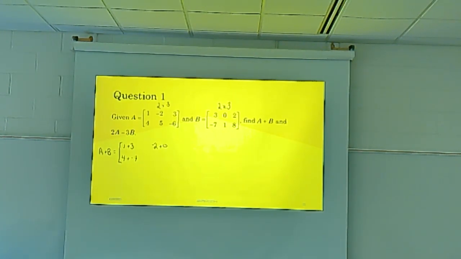Your 2, 2 entry: 5 plus 1. Your 1, 3: 3 plus 2. And your 2, 3: negative 6 plus 8. And now that's just first grade arithmetic. Or prenatal arithmetic.